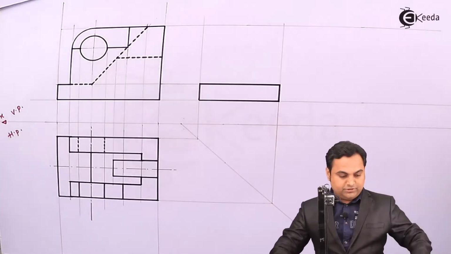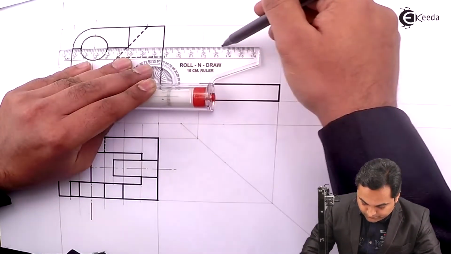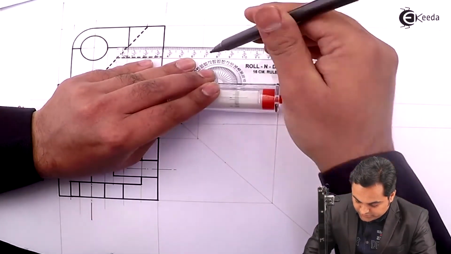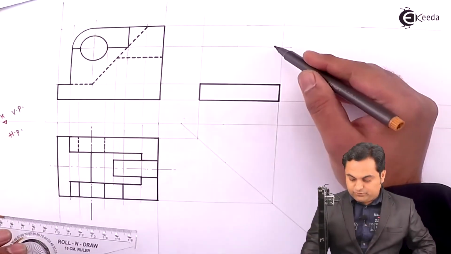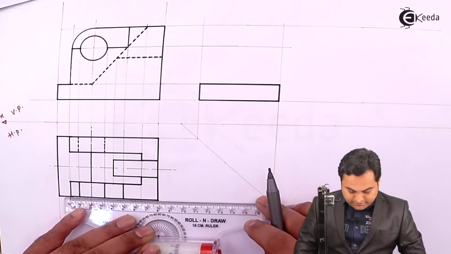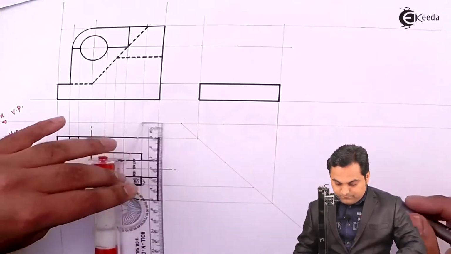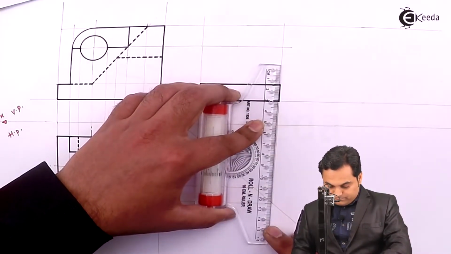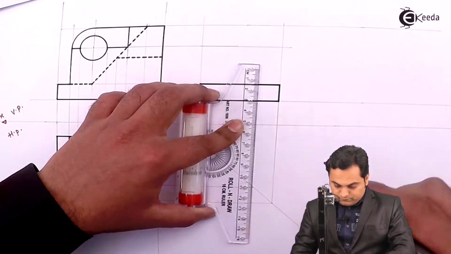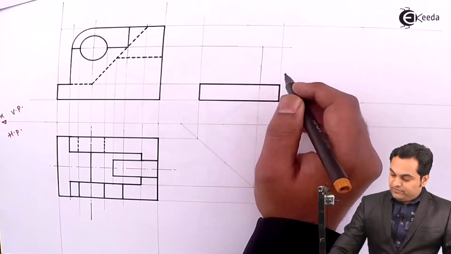So I'll project it, getting the height of the block. This block is on the right hand side, over this side. Its width is 15, taking it from the top. Now this surface will be visible.